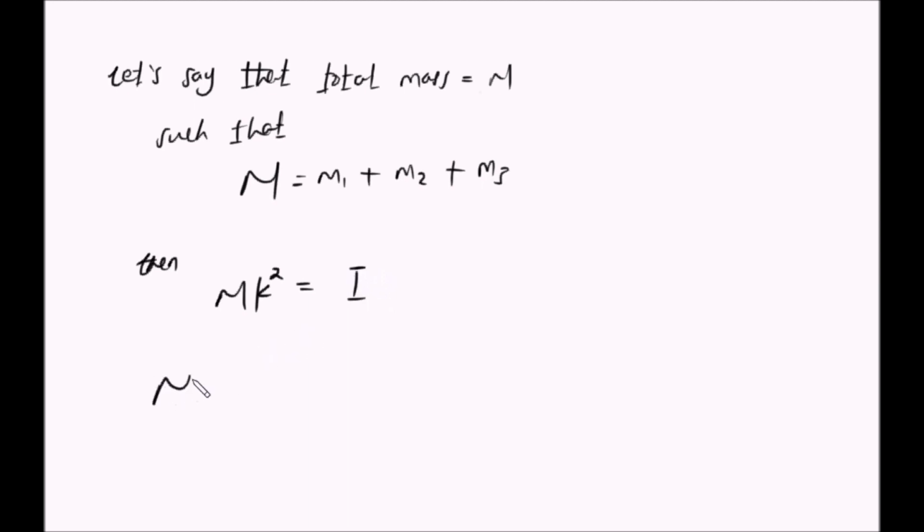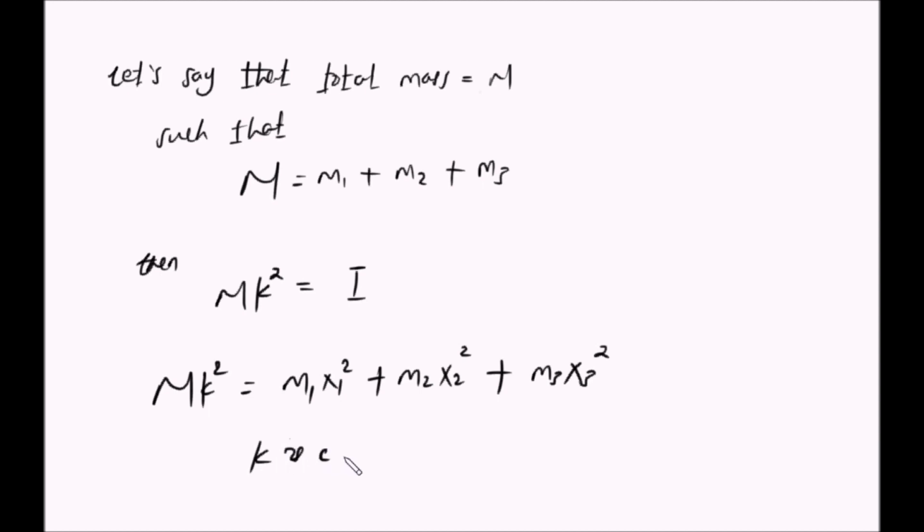So this means that M times k squared is just going to be m1 times x1 squared plus m2 times x2 squared plus m3 times x3 squared. So this k now is called the radius of gyration.